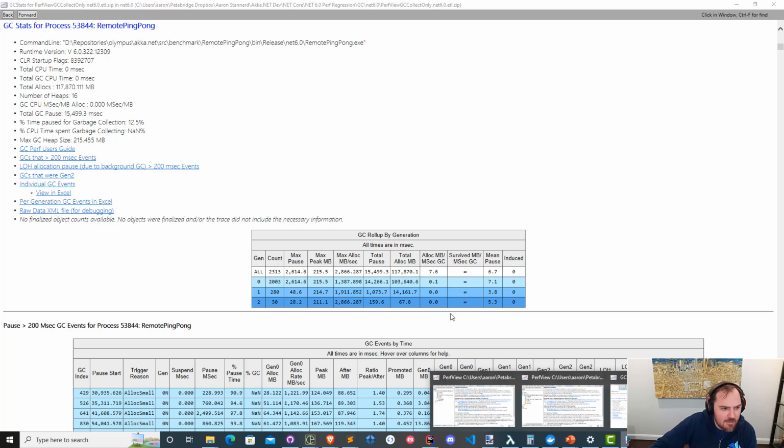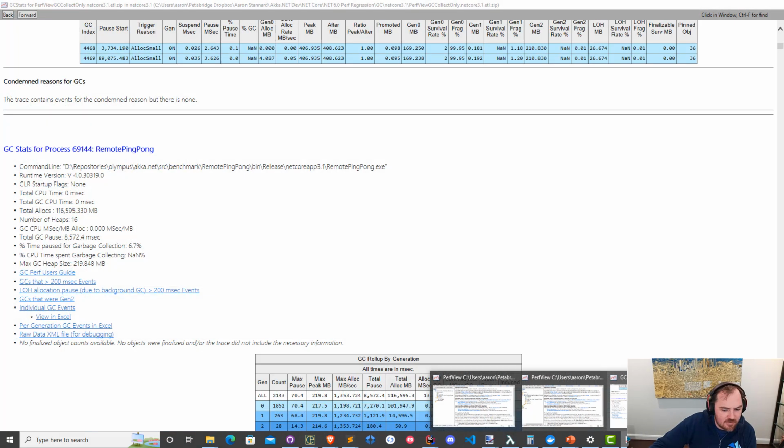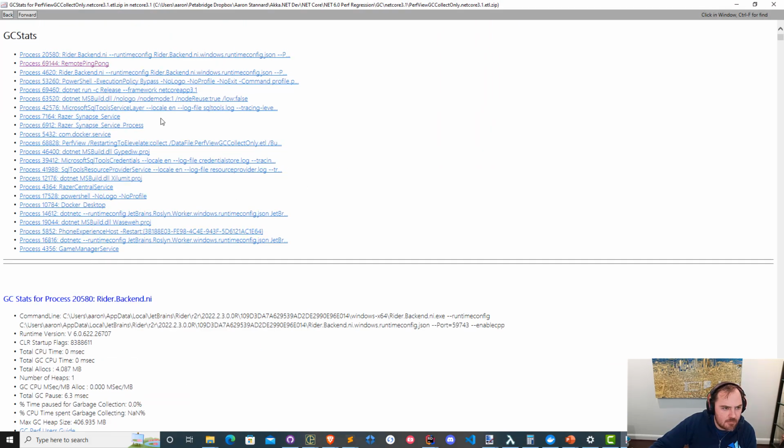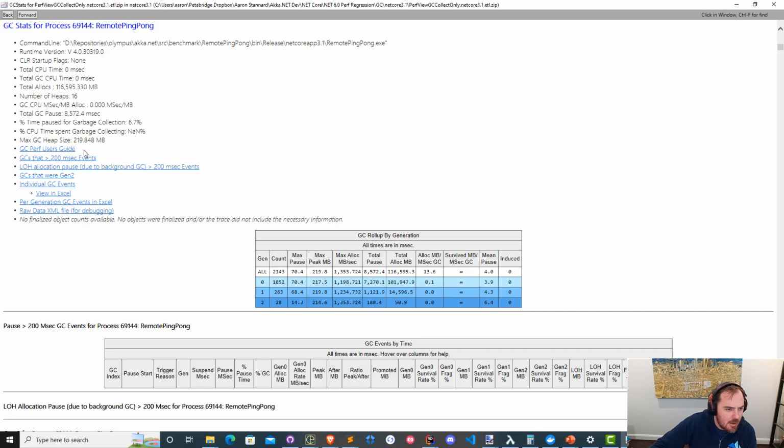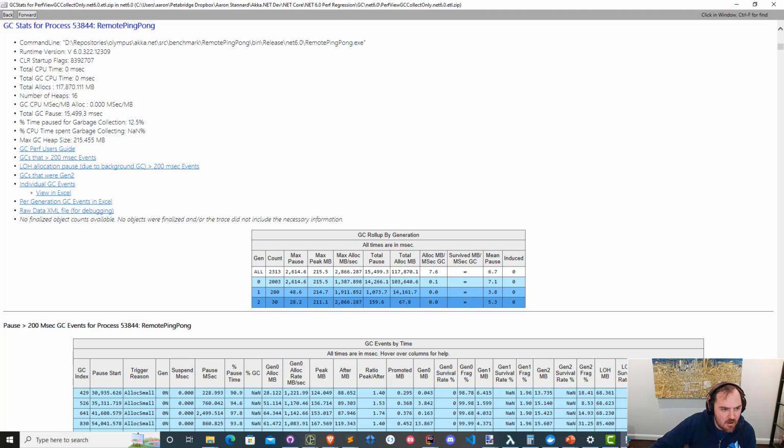Well, the number for the max heap size for .NET Core 3.1 was, let's see, I'll scroll up here, go to remote ping pong, 219 megs versus, what was it for .NET 6 again? 215 megs. So they're within about 4 megabytes of each other. So that's probably not it. They're allocating roughly the same amount of data. But collection pause time was nearly double that in .NET 6. That smells to me like there was a regression introduced somewhere.